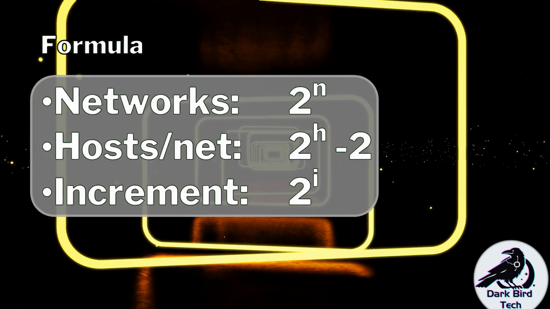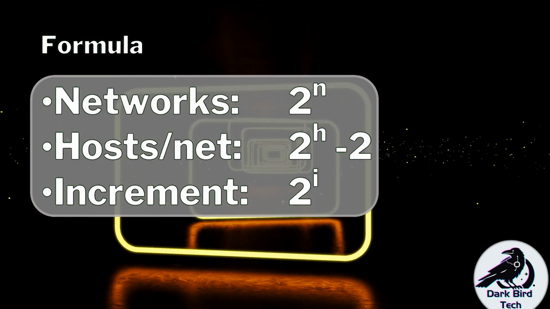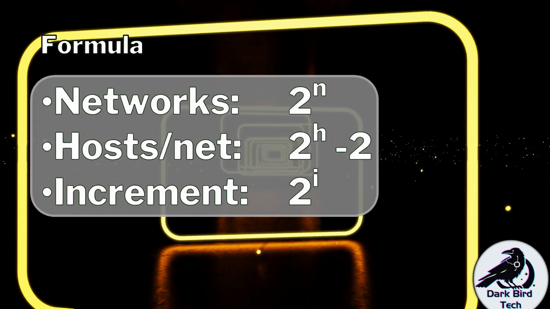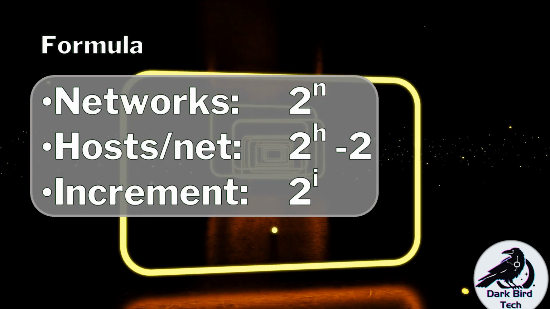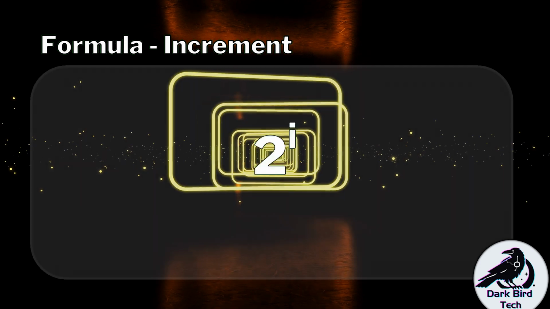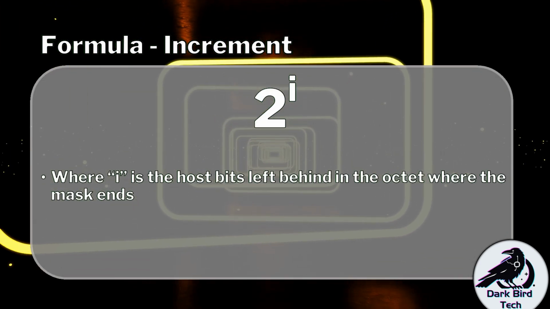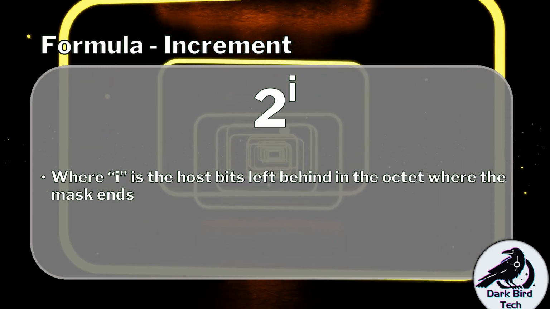Now we're going to get more than an octet's worth at the very least, depending on how we do our subnetting. But the one that needs a bit of extra attention this time is the increment, or the 2 to the power of I. So the increment, or 2 to the power of I, is going to be the host bits left behind in the octet where the mask ends.